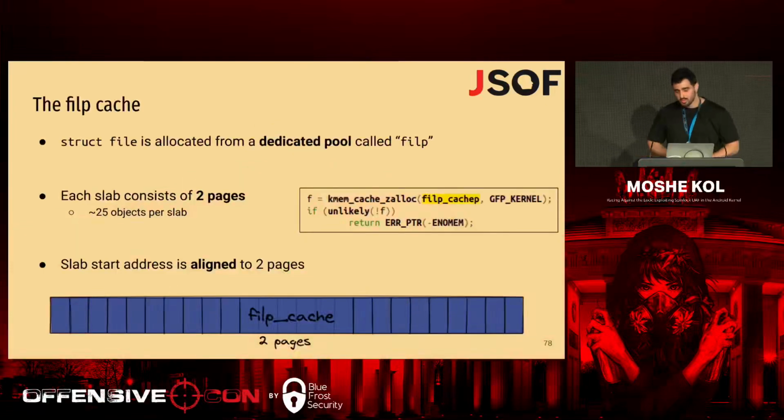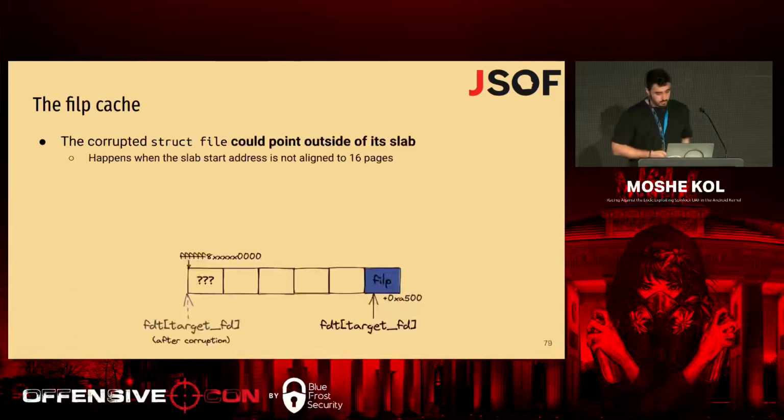To do that, we need to understand from which cache struct files are allocated. Struct files are allocated from a dedicated pool in the kernel, which is called the filp cache. Each slab consists of 2 physical pages that are adjacent, so it has enough space for about 25 objects per slab. And the slab start address is aligned to 2 pages.